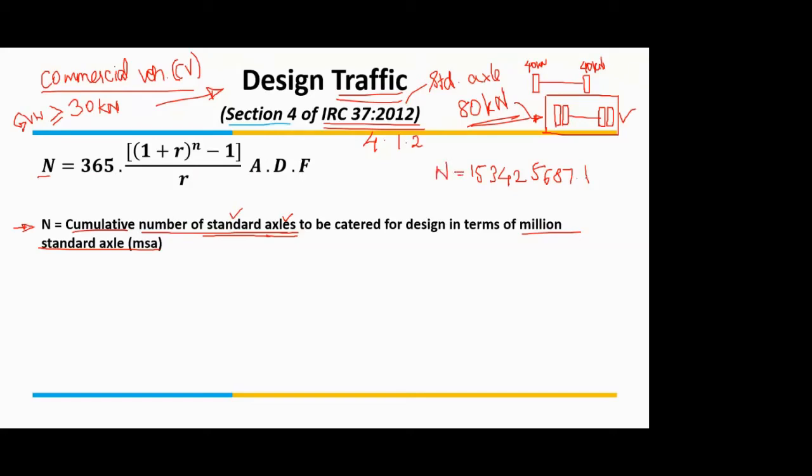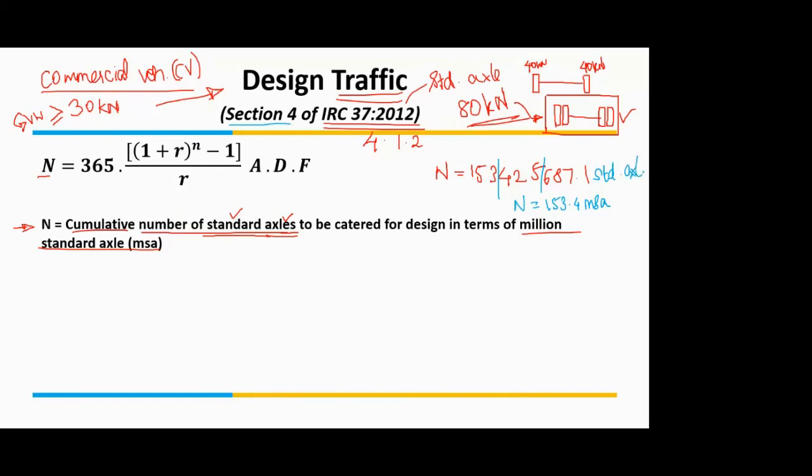So instead of writing such a huge number, what they have done is they have broken it down into million terms. So million is nothing but 6 decimal places. Now this number that I have written here, if I write it in MSA, it will be 153.4 MSA. That is nothing but million standard axle, and this much is the standard axles.